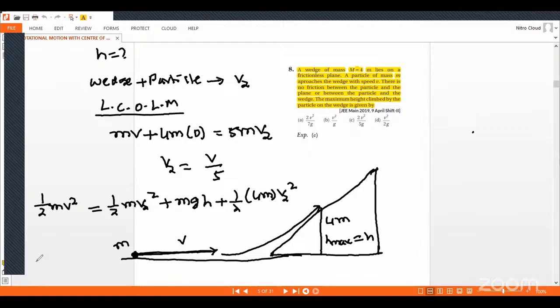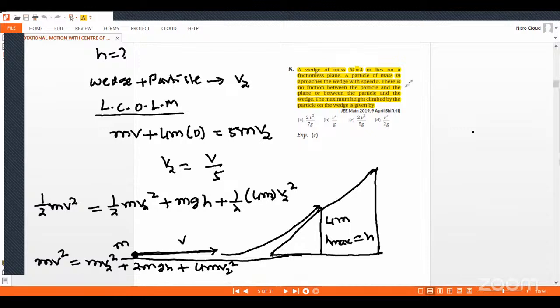Multiply by 2 on both sides: mv square equals mv2 square plus 2mgh plus 4mv2 square. I need to find h, and I know the v2 value.